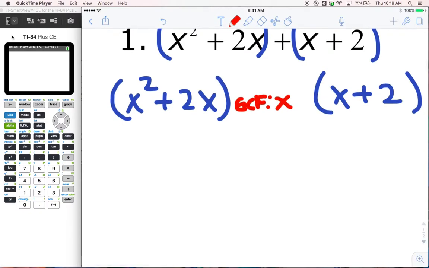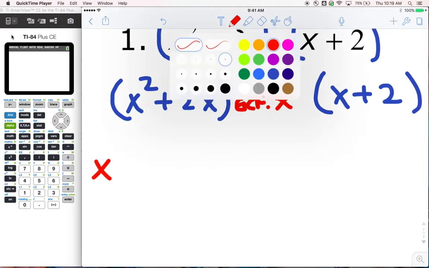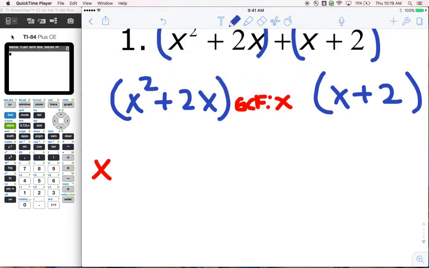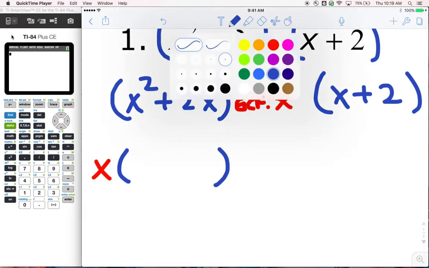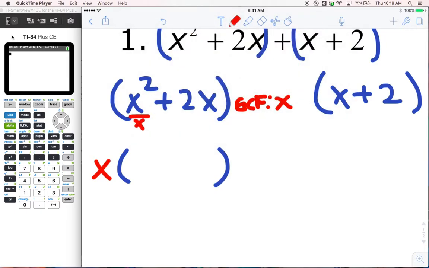Now remember, when we find our GCF, it goes outside of our parentheses. And then we've got it looking like this. And then to figure out what goes inside, we just divide out the greatest common factor. So we just divide out the x. Or some of you can just figure it out based on what you would put there and FOILing.